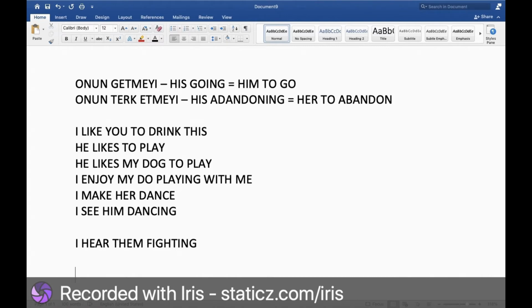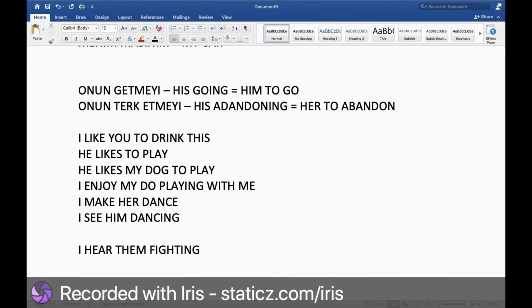It's infinitive. I hear them fighting means I hear them fighting right now, while they are fighting. How can I explain it to you? When I teach you P1 you will understand what I say. P1 is different than infinitive. It's also with ing, but it's not actually infinitive.